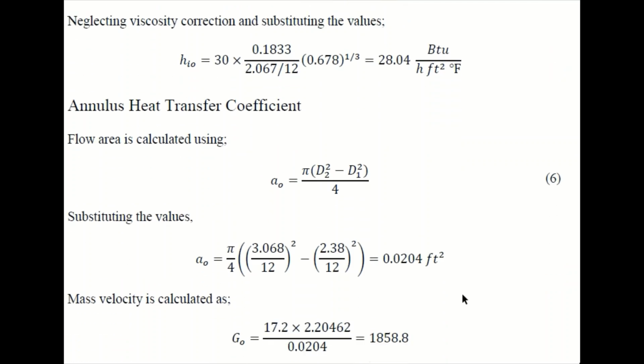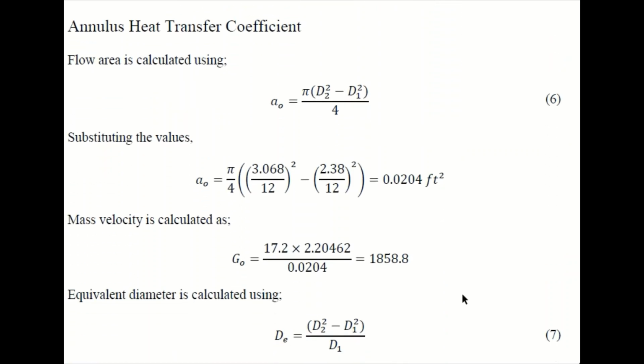After that we need to calculate the heat transfer coefficient for the outer pipe. First we need to calculate the flow area for the outer pipe, which is pi by 4 times outer pipe diameter square minus inner pipe diameter square. We obtain the flow area as 0.0204 feet square.